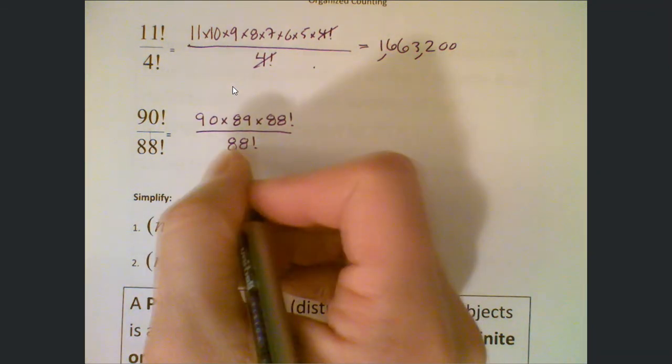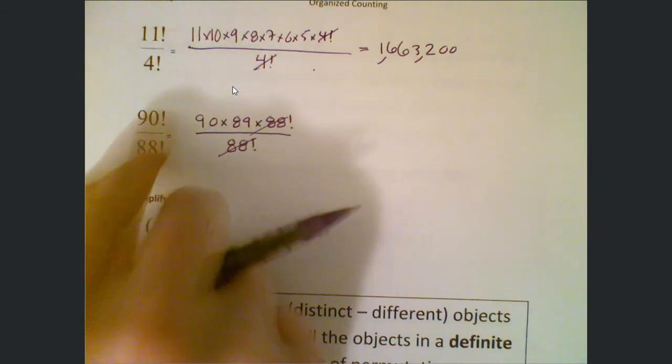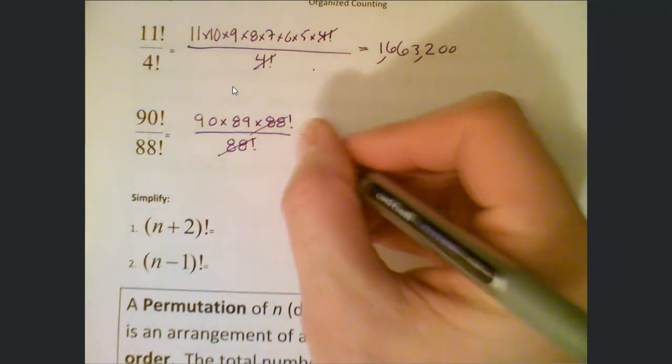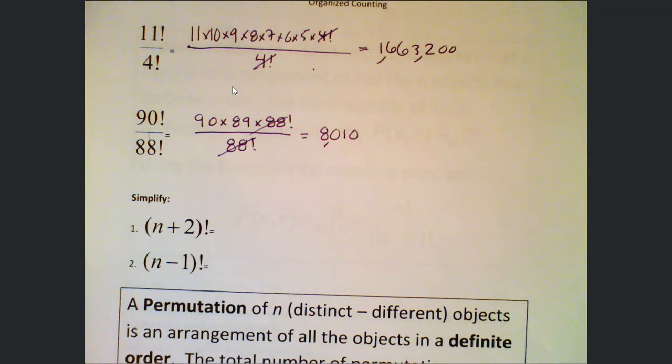That's 88 times 87 times 86, it's what would trail after that. Divide them out. So it turns out that this, although you can't do it in your calculator, is 90 times 89, which is simply 8,010.